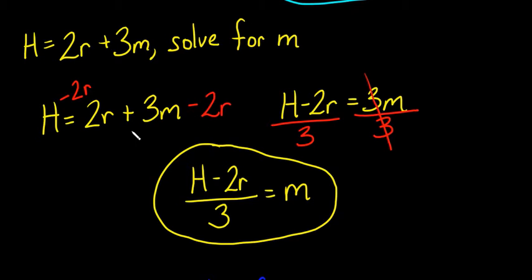So I take 2r away from both sides. Now I have h take away 2r equals 3m. And I notice the 3 is multiplied with the m, so I can divide both sides by 3. And when I do that, I'm left with m by itself, and it is equal to h minus 2r divided by 3.